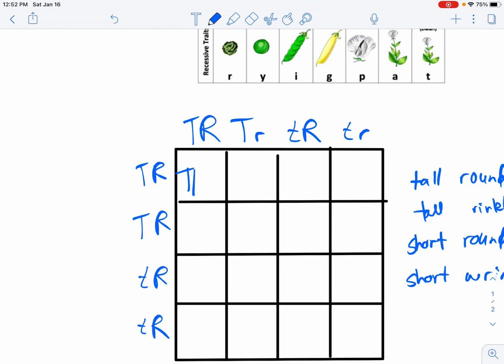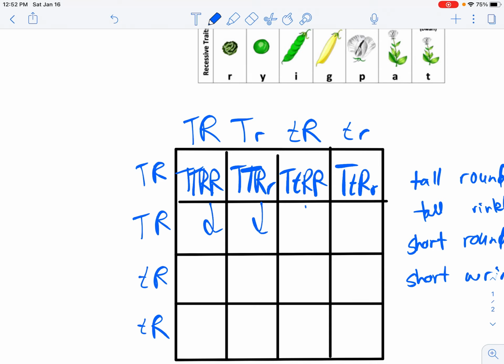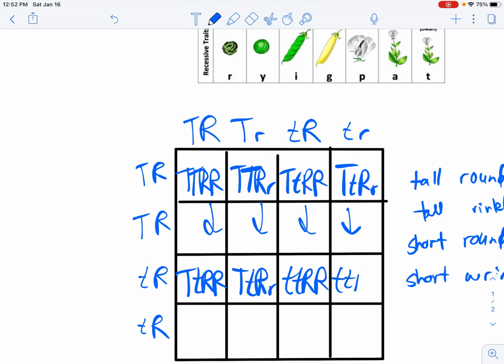Okay, so go ahead and bring the letters down and across, and these will be the same, and then these will be the same here.